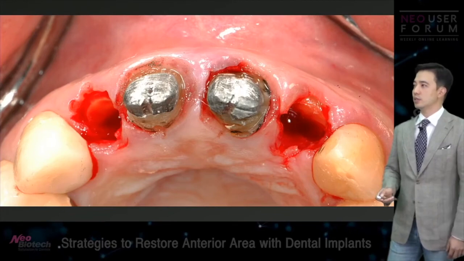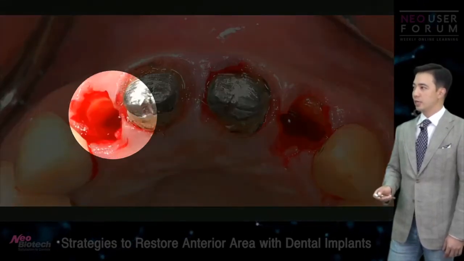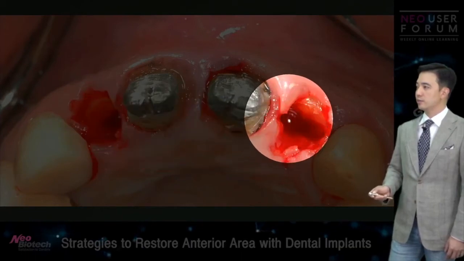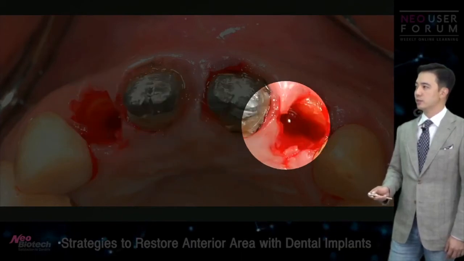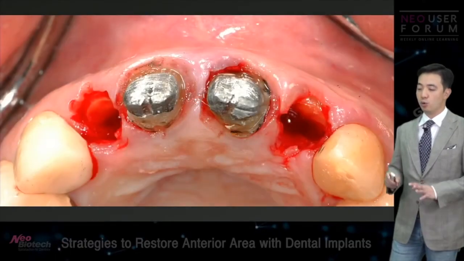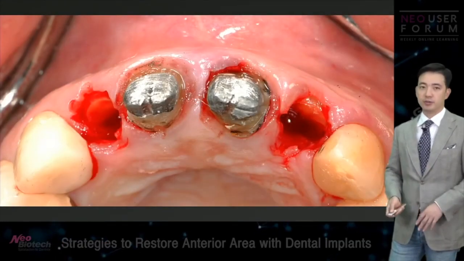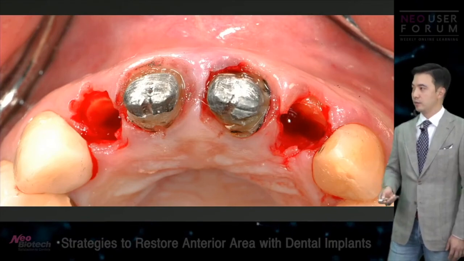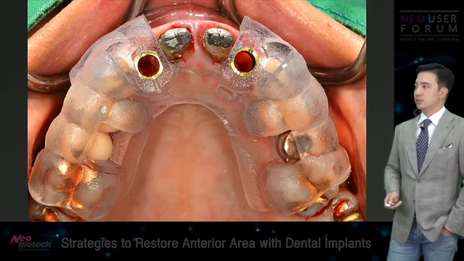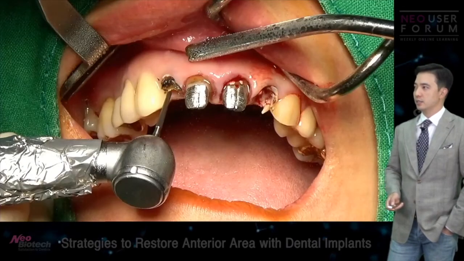So what I did was, I also used the socket shield technique to place implants on number 12 and 22. I just wanted to keep these two to hold the provisional restoration. Okay. So I also did guided surgery for this case.